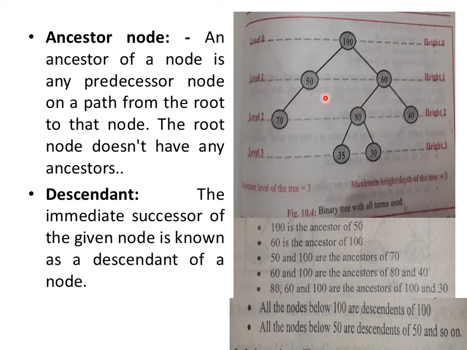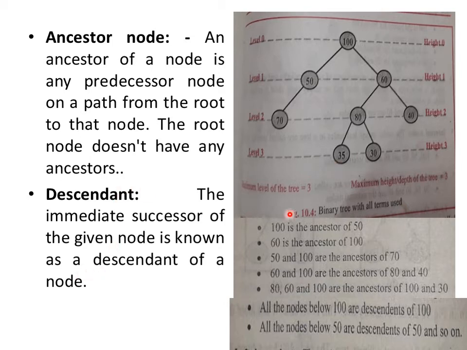Here you can see 100 is the ancestor of 50 and 60. 50 and 100 are ancestors of 70. 60 and 100 are the ancestors of 80 and 40. And 80, 60 and 100 are the ancestors of 30 and 35.